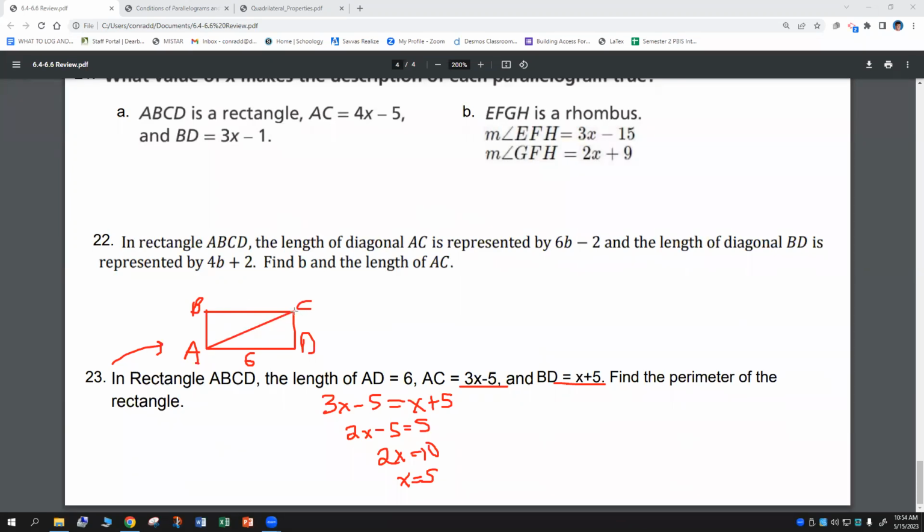All right, so my diagonal here is 10 if you plug it in, right? 3 times 5, 15 minus 5 is 10. And we need to find CD, so we can find the perimeter of this. This is the triangle we're looking at: x, 10, and 6. So we're going to do a squared plus b squared equals c squared.